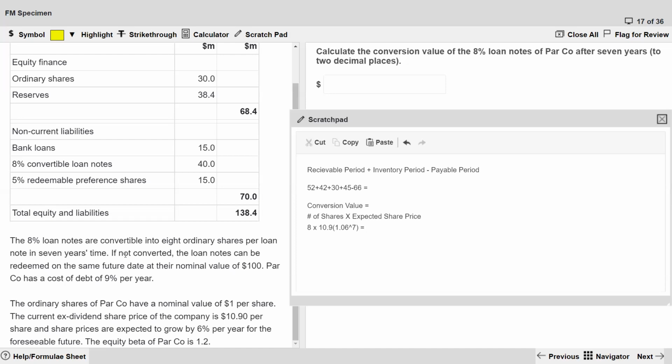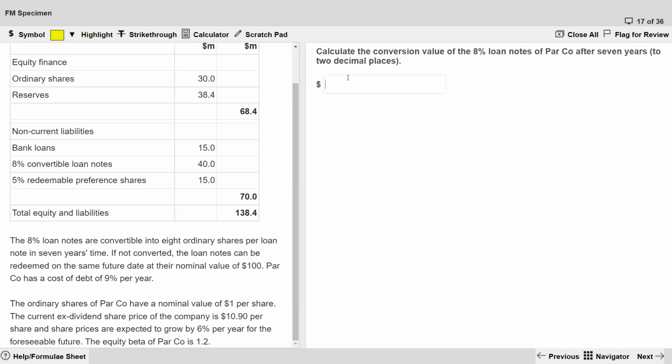Yeah, how much does it turn out to be, please? $131.11. And they want the answer to 2 decimal places, so you're going to give it like this.